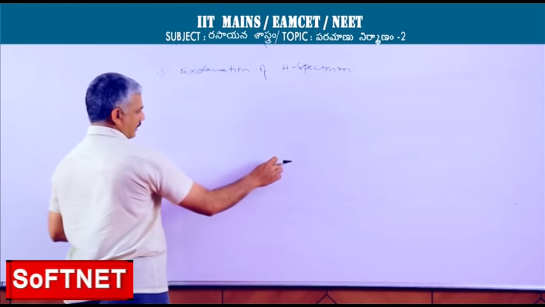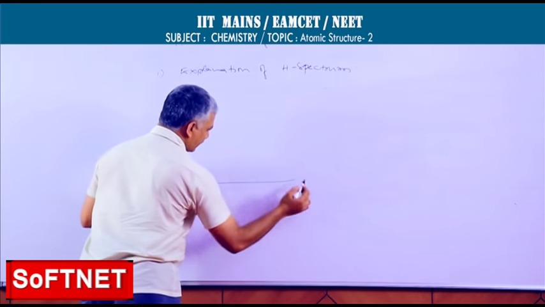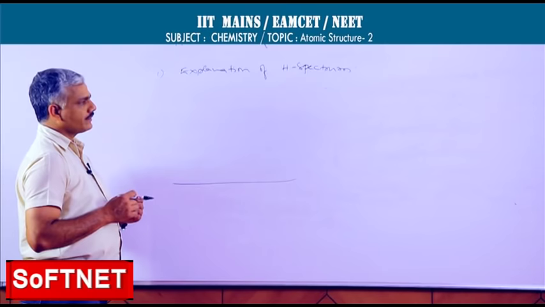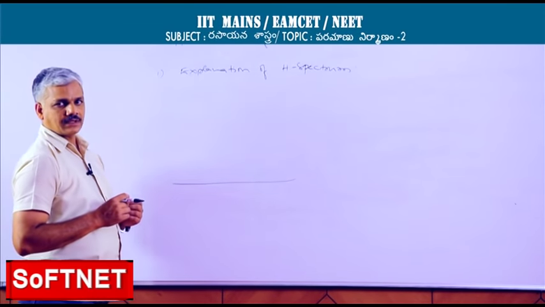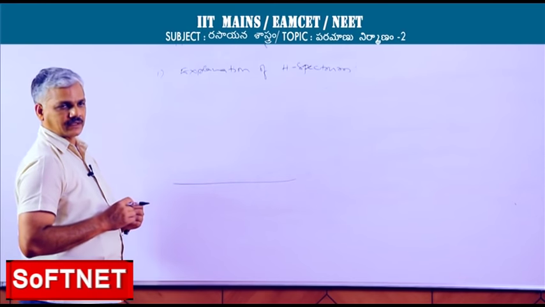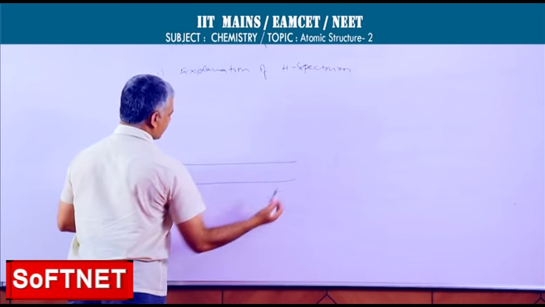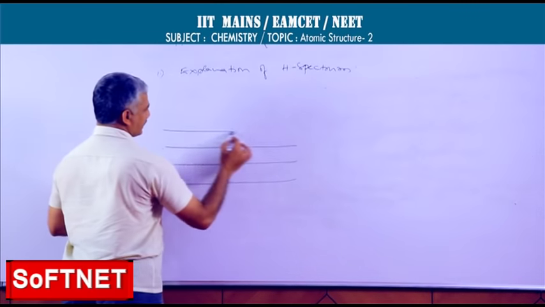So, for any atom, theoretically, how many orbits are possible? Infinite number of orbits are possible. But practically, that number has been restricted to 7, and they can be numbered like this. Each orbit is indicated in the form of a straight line here.